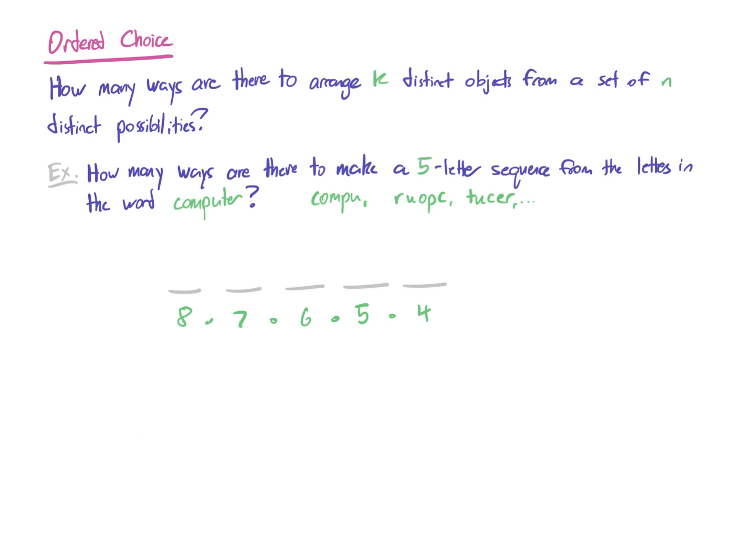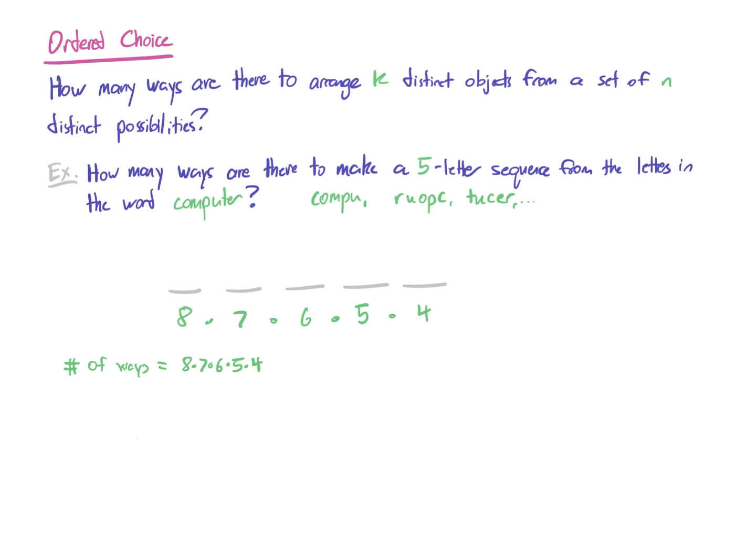So let's turn this into a math formula. Here I want to count the number of ways. And we just argued, okay, this number of ways is equal to 8 times 7 times 6 times 5 times 4.